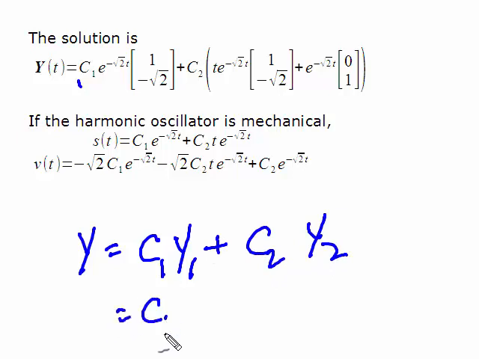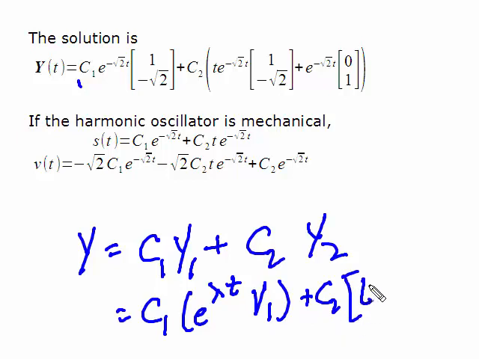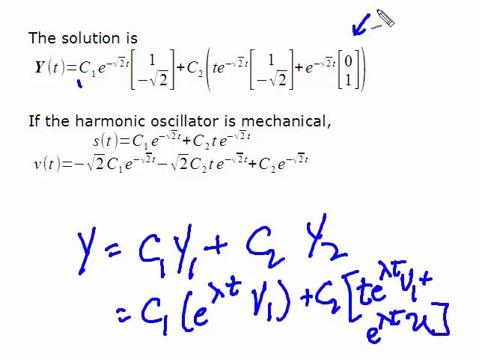This is c1, and this would be e to the lambda, the repeated eigenvalue, times t times v1, and this is c2 times t e to the lambda t times v1 plus e to the lambda t times u. So here's the u, here's the v1, and you see that same time dependence throughout, but you need a t right here.